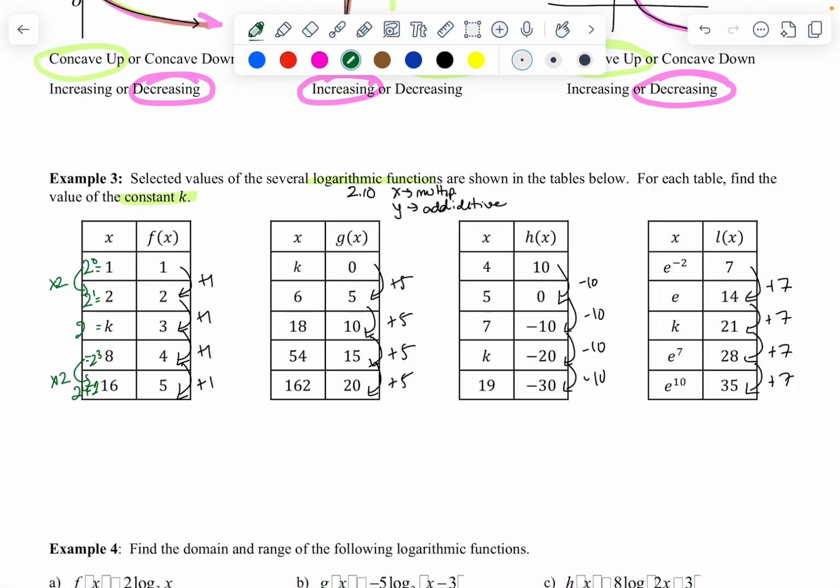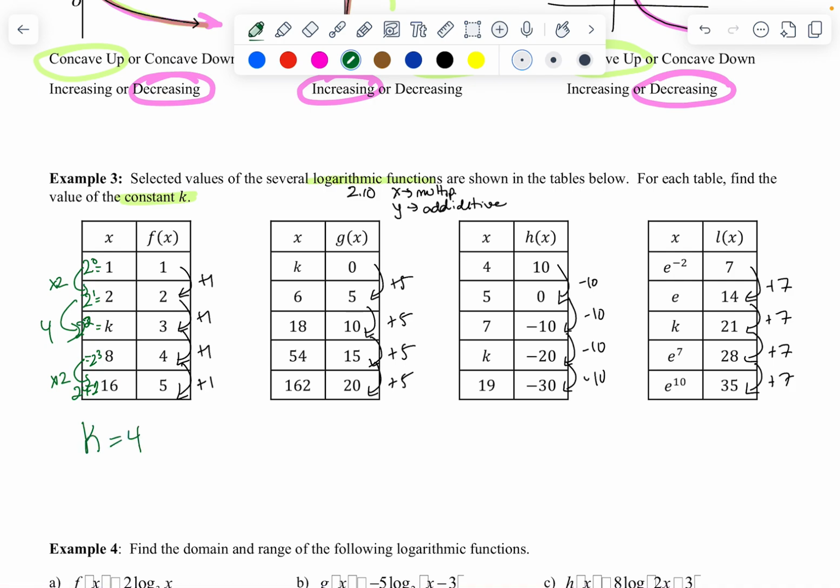So k should come from 2 squared. Okay? So because this is times 2, I know that 2 times 2 is 4, or 2 squared is going to be 4.